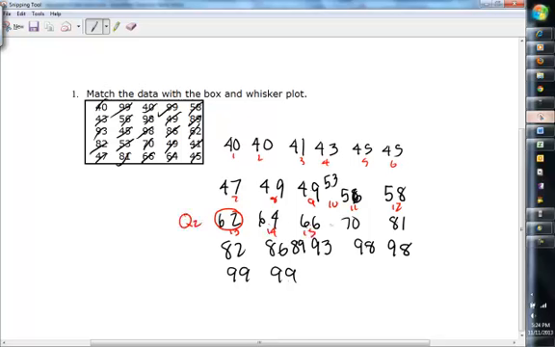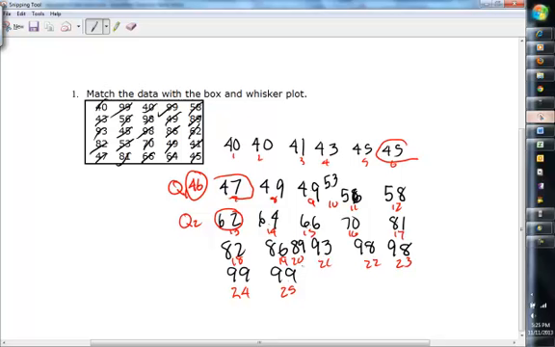The Q1 is halfway between 6 and 7. Halfway between 45 and 47, Q1 is 46. Even though it's not one of our numbers, it's still halfway between those two.